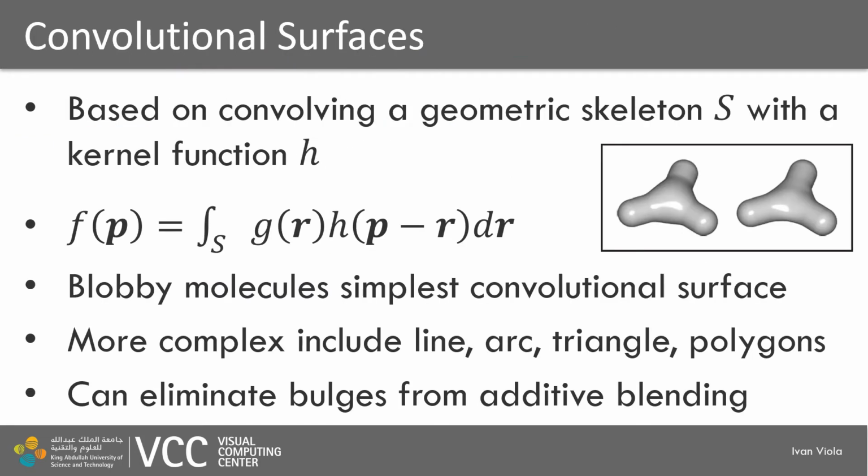The next group of representations are the so-called convolutional surfaces. Now, if we had our point skeleton defined, the distance was defined very clearly. If we were defining it as a Euclidean distance, in the case of a line, for example, we were defining the distance as the shortest distance to our skeletal primitive.